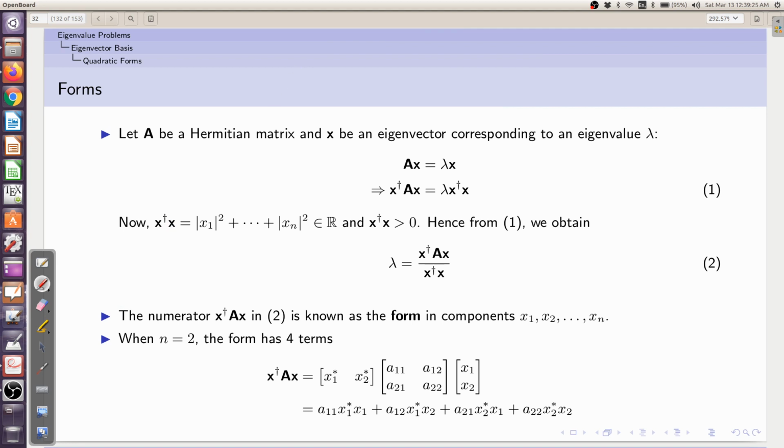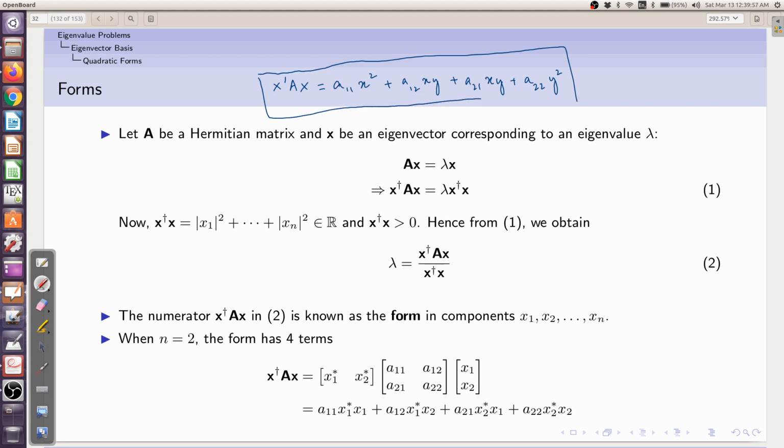So we will have x transpose A x equal to a11 x square plus a12 xy plus a21 also xy plus a22 y square. This is what we'll be using over here.